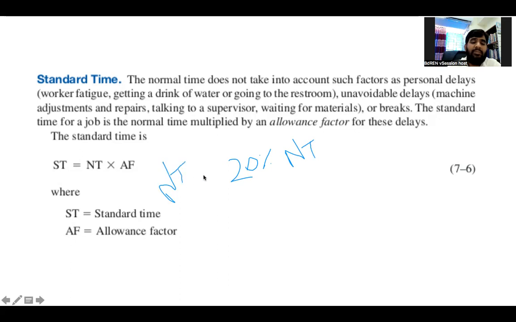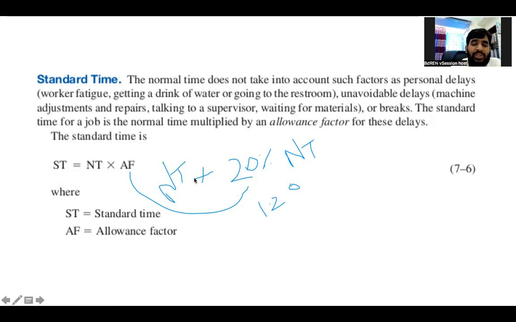NT plus 20% of normal time. You can add or you can just multiply. Normal time multiplied by 1.20. So in that case, 20% means the factor 1.20. So you can use either plus form.